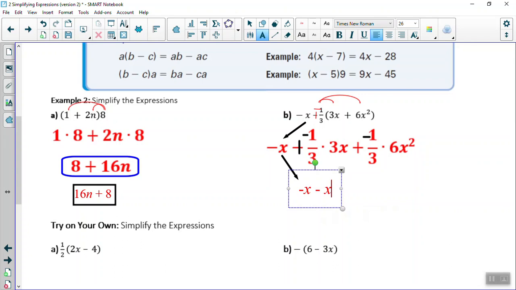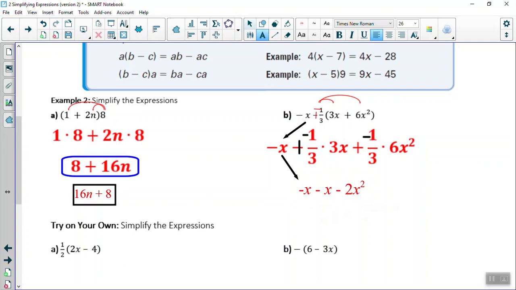And again, that's the same as dividing 6 by negative 3, which is going to give me a negative 2x squared. So my negative x here came down. Negative 1/3 times 3x should give me negative x. Negative 1/3 times 6x squared should give me a negative 2x squared.